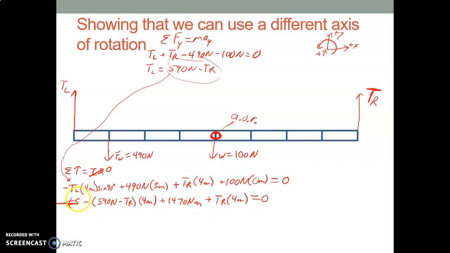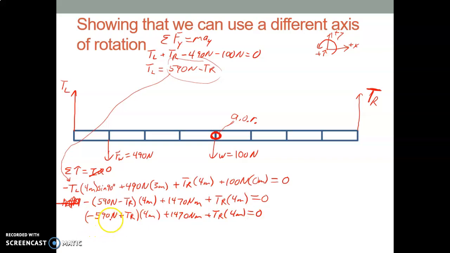Now we have one equation and one unknown. We can substitute this through. So this is a negative sign, and it distributes through. So negative 590 newtons plus T sub R times 4 meters plus 1470 newton meters plus T sub R times 4 meters equals 0.